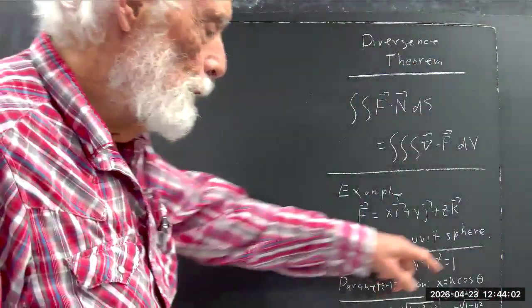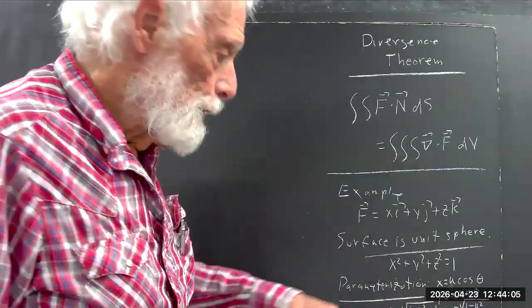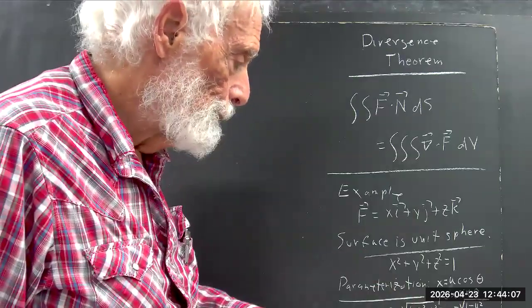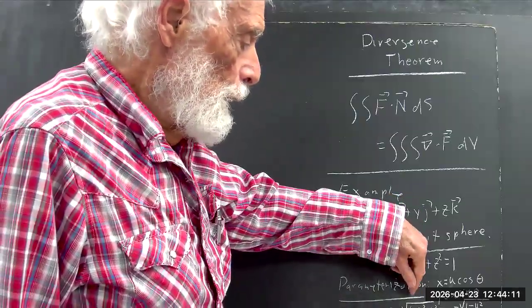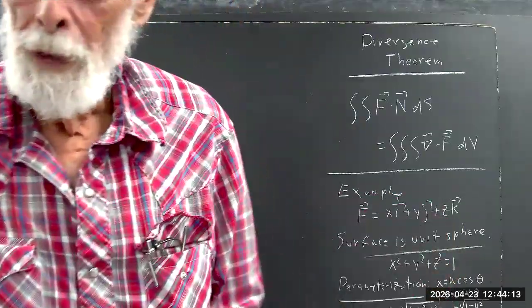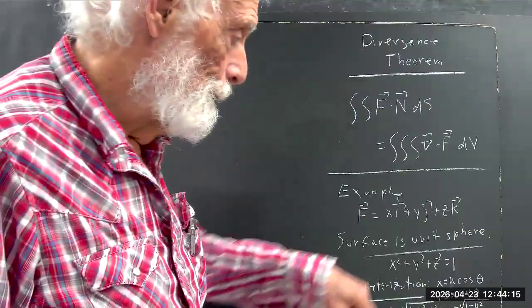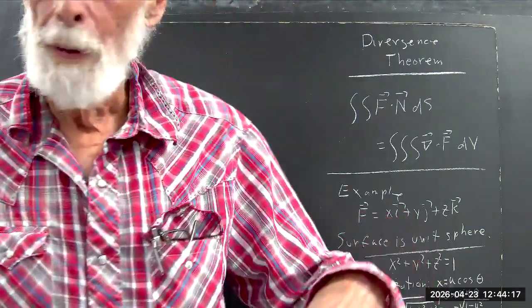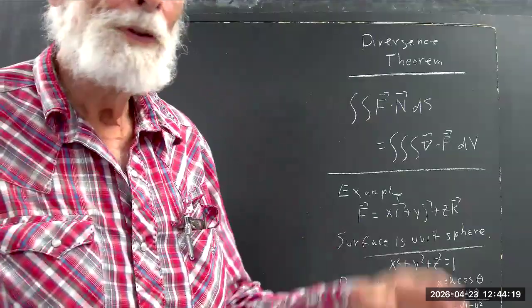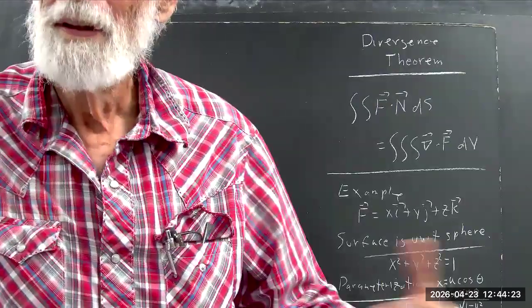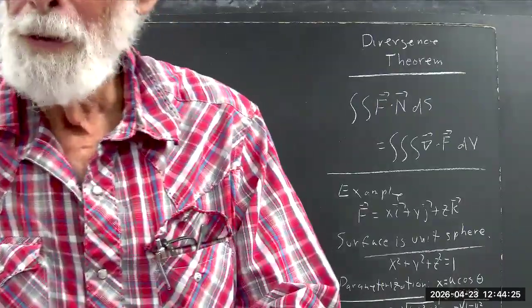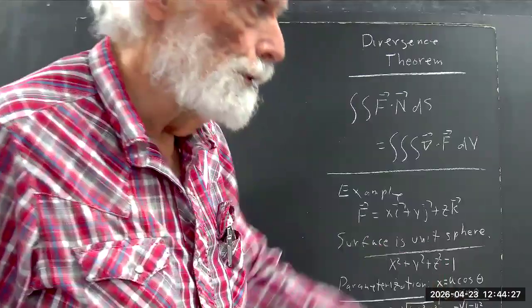When you substitute u cosine theta and u sine theta for x and y, you end up with 1 minus u squared cosine squared theta minus u squared sine squared theta, which is 1 minus u squared times cosine squared theta plus sine squared theta. That part is just 1, and you end up with 1 minus u squared.